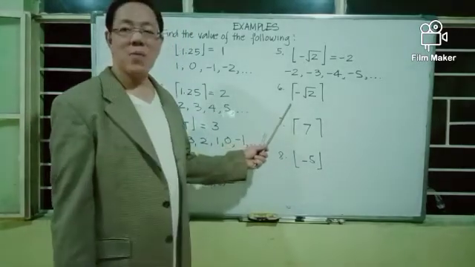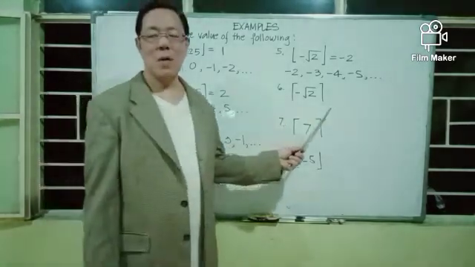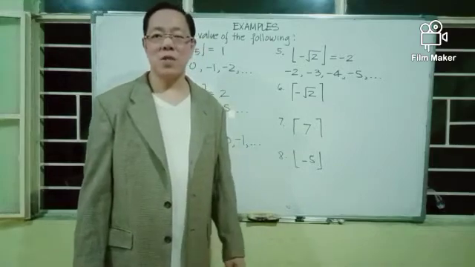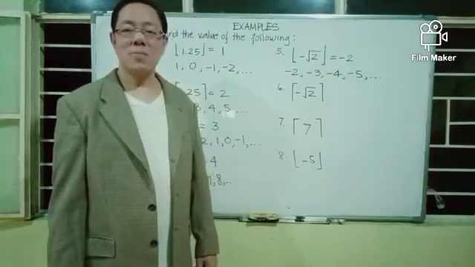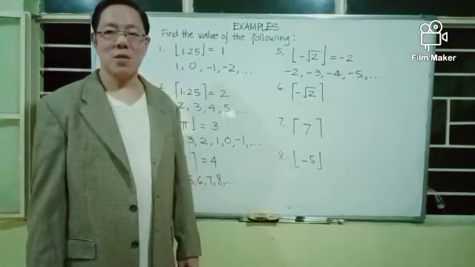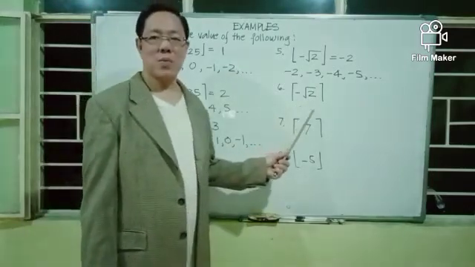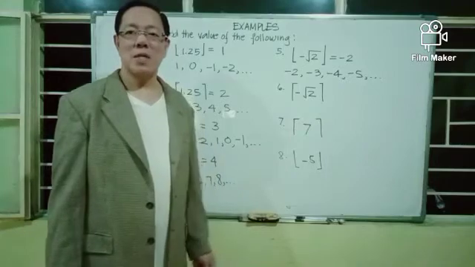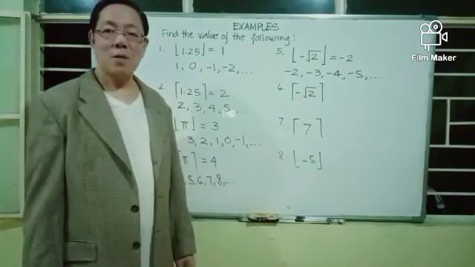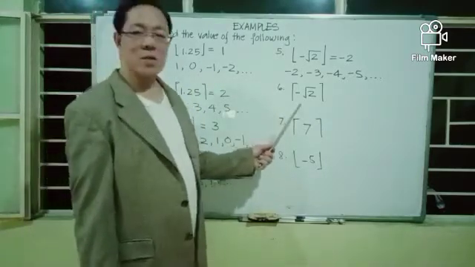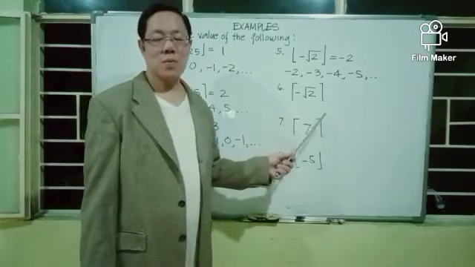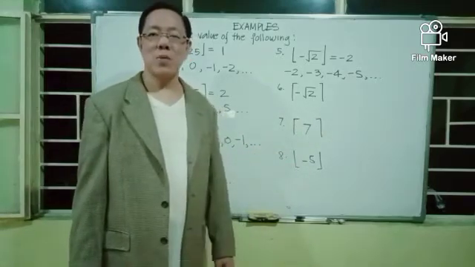Now, the ceiling of negative square root of 2, or the ceiling of negative 1.41, is the smallest, or the least, integer that is greater than or equal to negative square root of 2. And what are those integers that are greater than or equal to negative square root of 2, or negative 1.41?